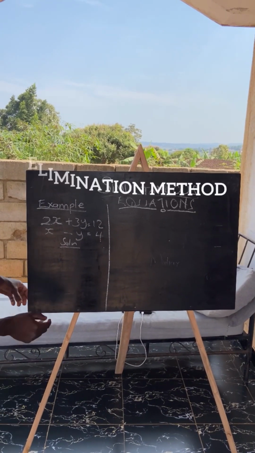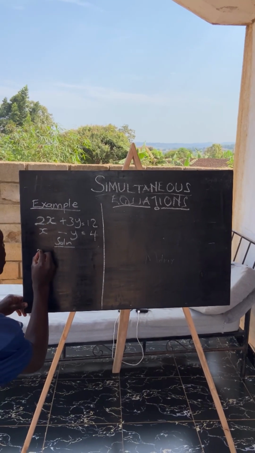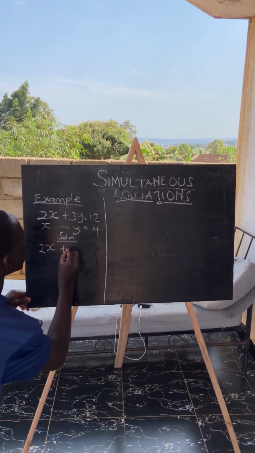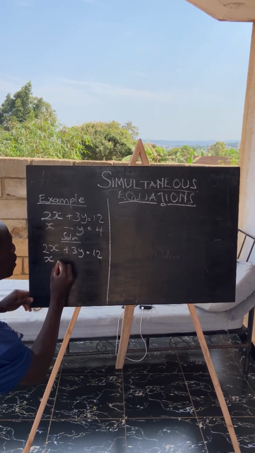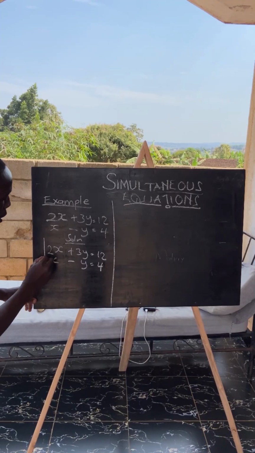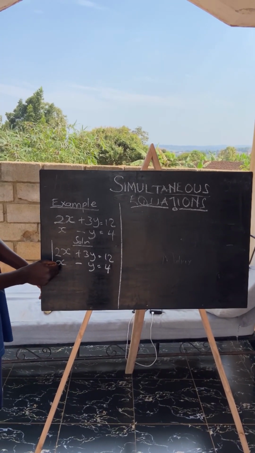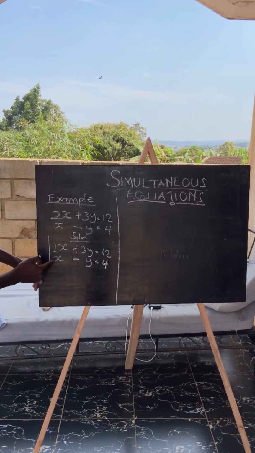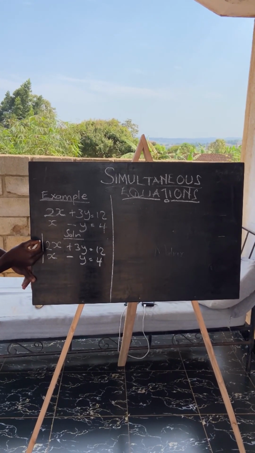So we are going to start with elimination method, and in this method we are using basically the coefficients of the unknowns. We're seeing x has a coefficient of 1, even though it's invisible, it's not presented here. So our 1 comes here.